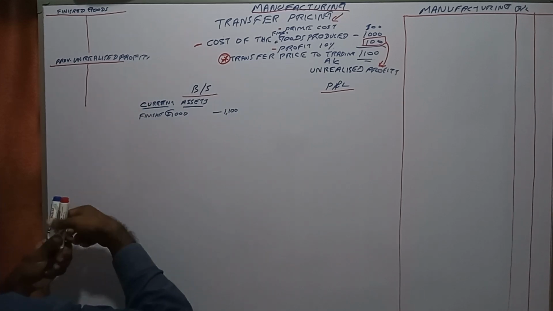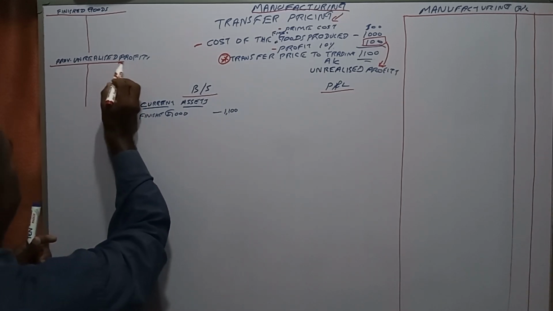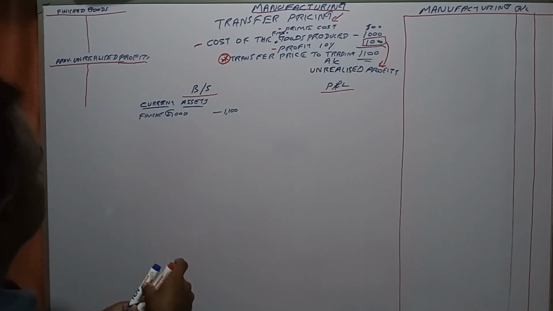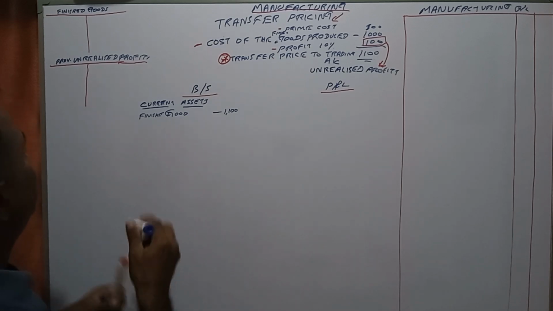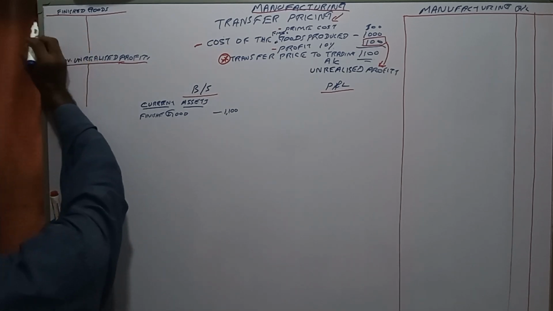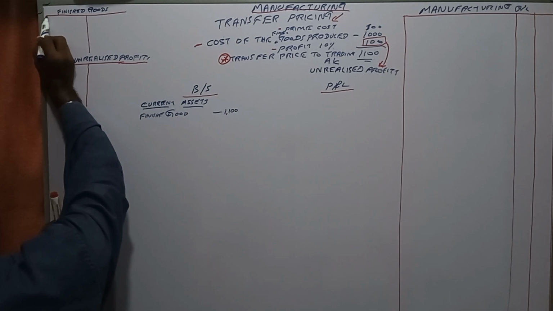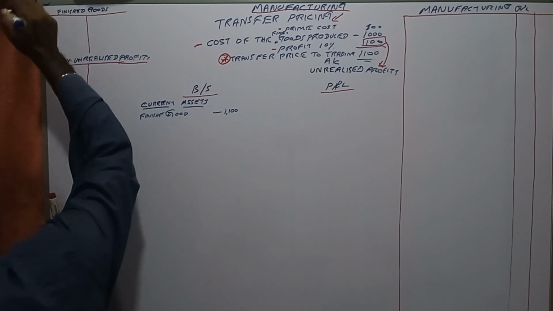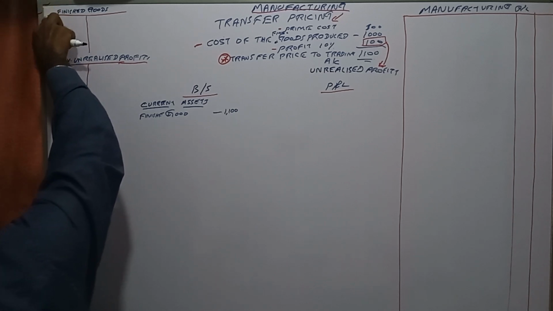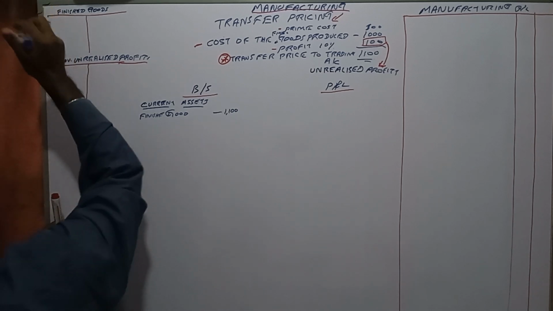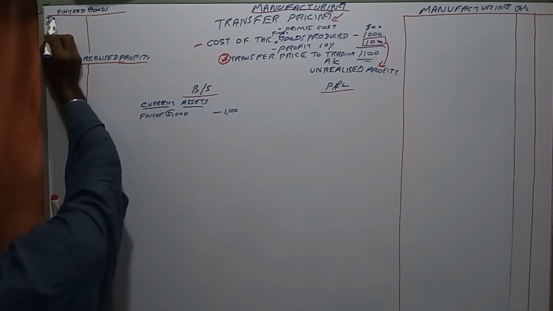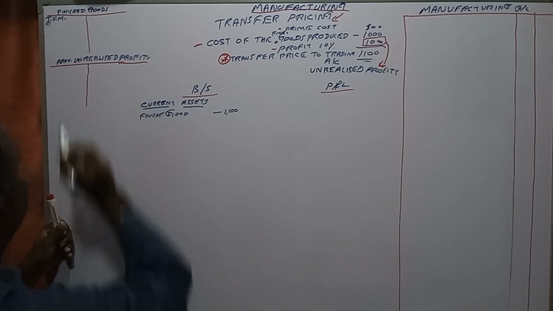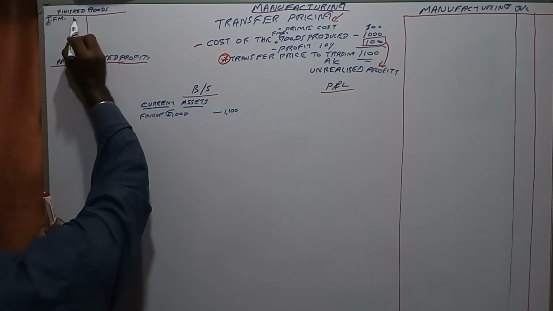Here finished goods transferred from the manufacturing plant is 1100.